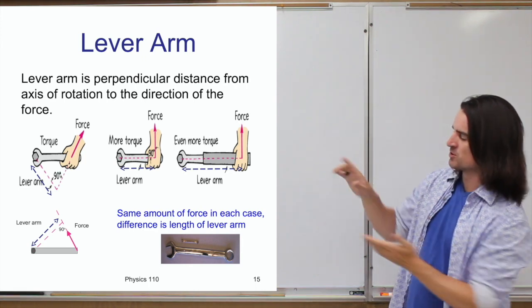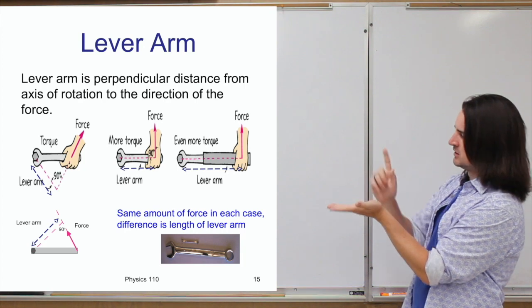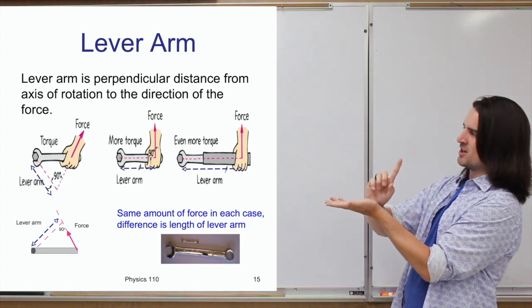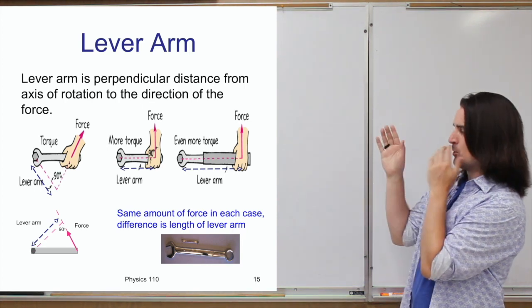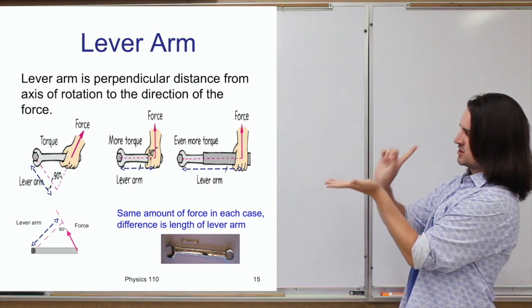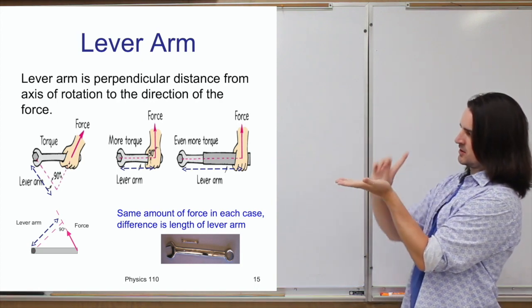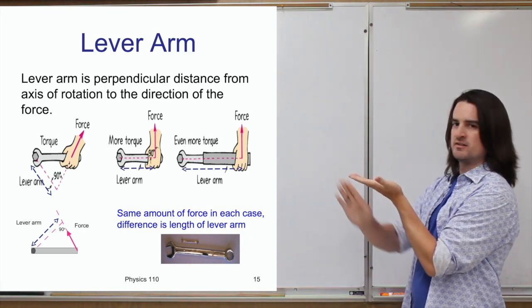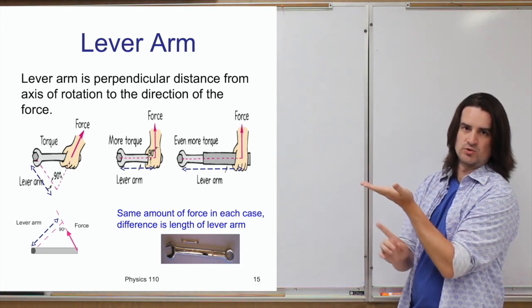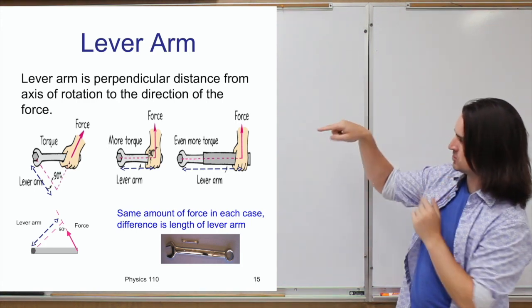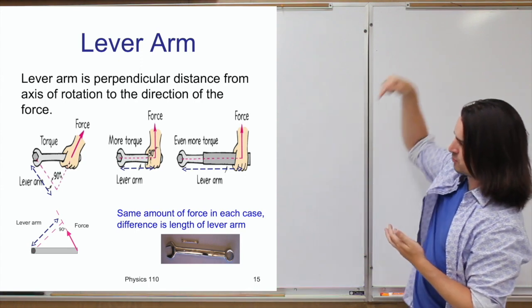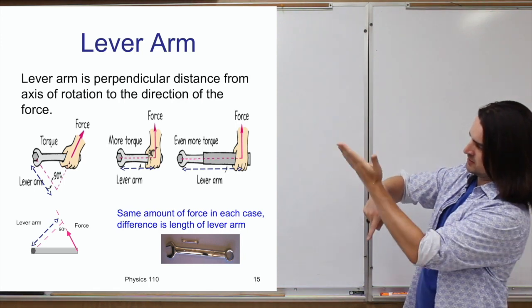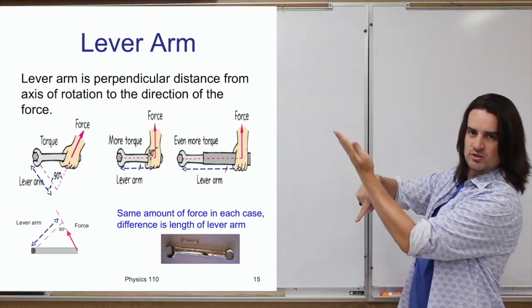So what happens if you apply a force that's not tangent to that circle, right? For instance, in the upper left picture, the force is being applied upward, but also a little bit to the right. If you want to figure out what the lever arm is, you just extend the force, draw a dotted line along the same direction as the force until you hit a line that's perpendicular to that axis of rotation, like a radius drawn away from that axis.